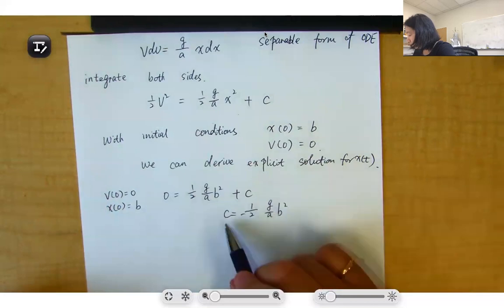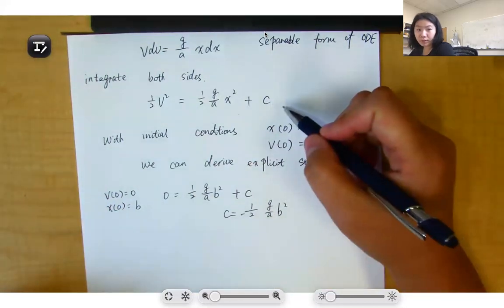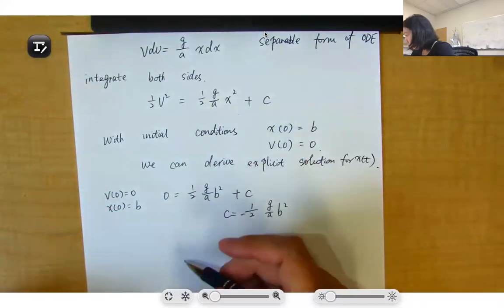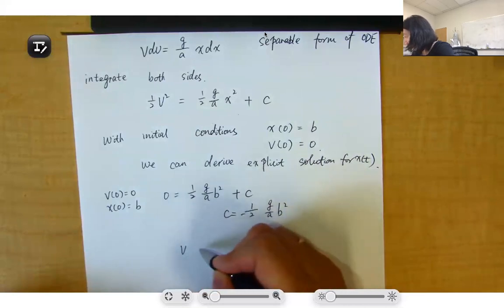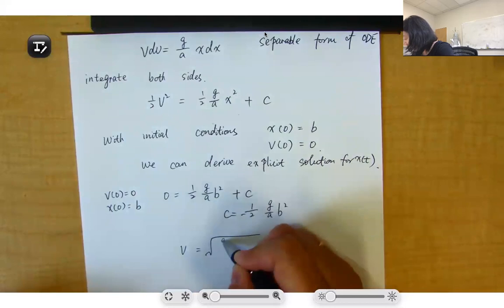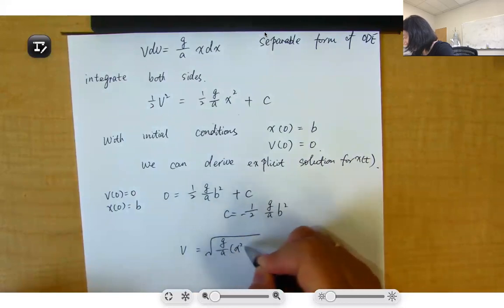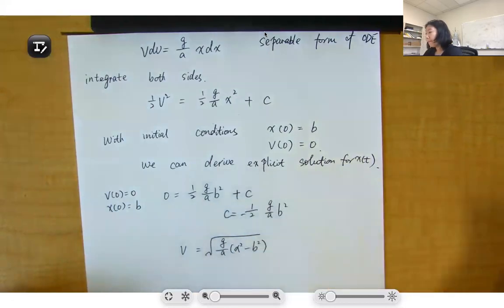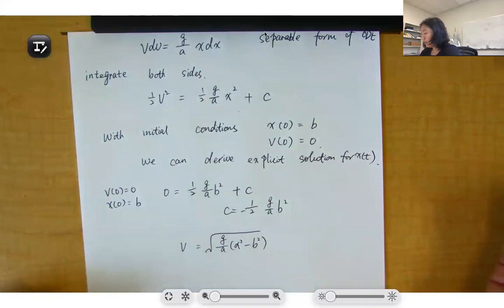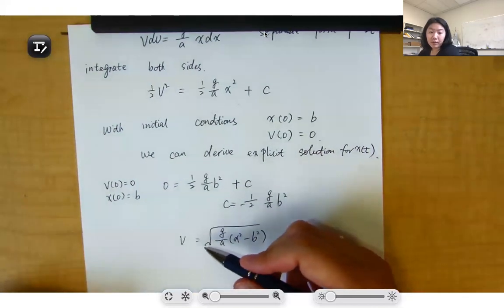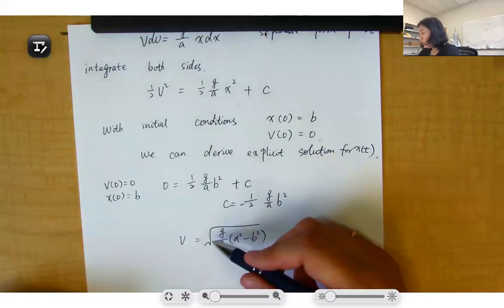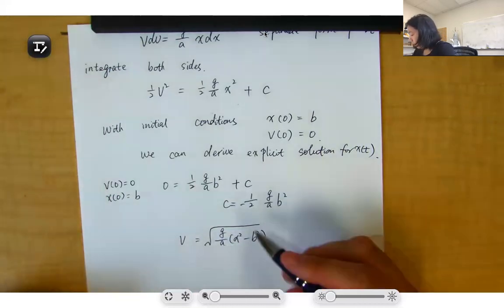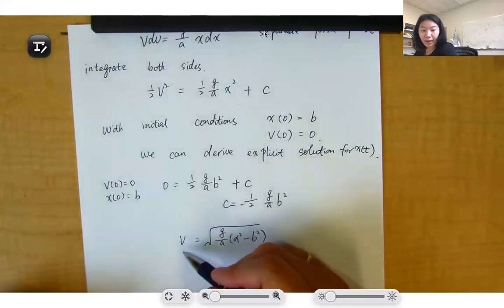If we put this constant back into our solution, we get v equals the square root of g over a times x squared minus b squared. Since the velocity is a positive number, we take off the negative part of the solutions. And we know that this velocity is a function of x and t, right?